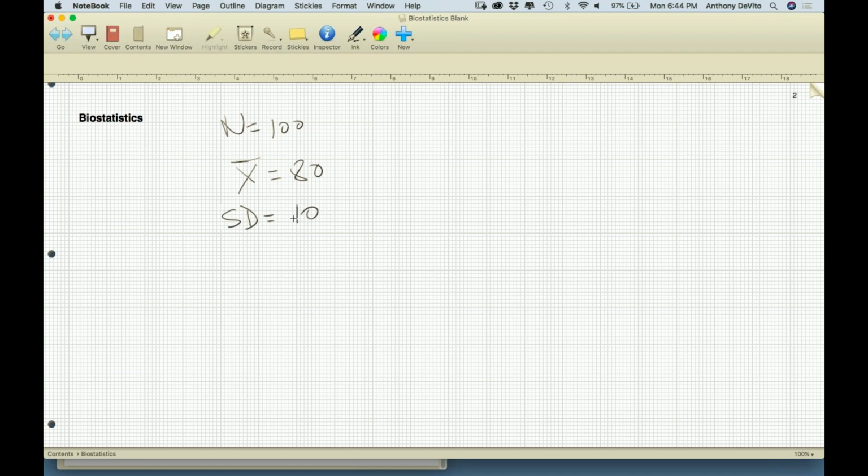Now I have another population. In this population, we happen to have sampled every person, so I know what mu is for this population. Turns out that mu for this population is equal to 83. It looks like my population has a lower blood pressure than this population does.